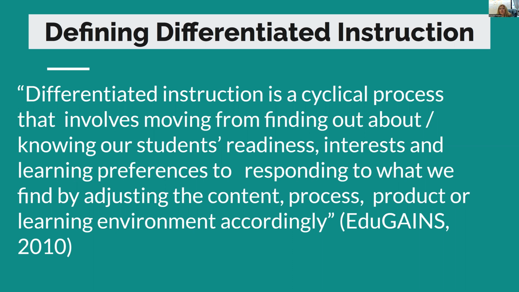They define differentiation as differentiated instruction is a cyclical process that involves moving from finding out about, knowing our students' readiness, interests, their learning preferences, to responding to what we find out by adjusting the content, process, product, or learning environment accordingly.